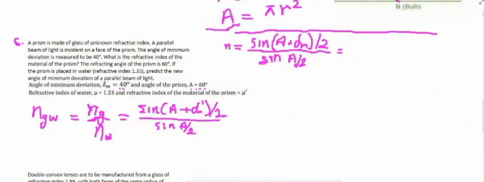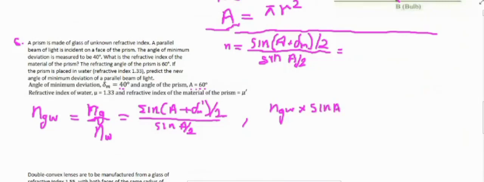Substitute the value of n g and n w there, and you get n g w. Then what you have to do? Cross multiply the equation. n g w into sine A by 2 you have to take.